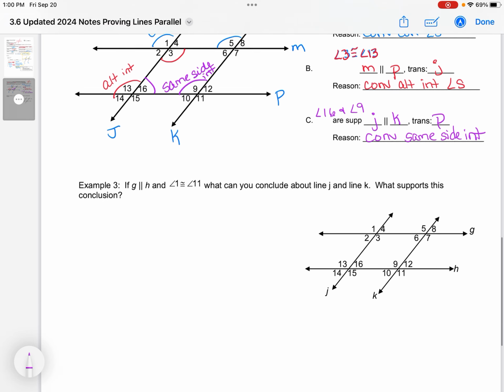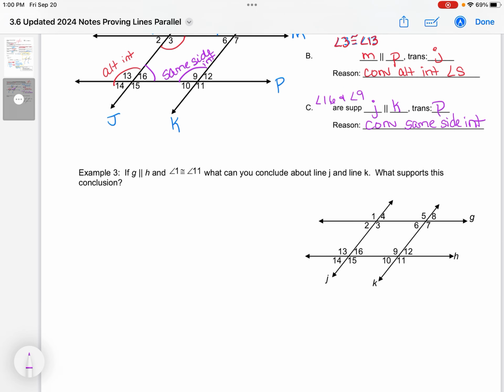Okay, so we're going to do the same thing, but with a little bit fewer places to write it and know what we're talking about. Okay, G and H are parallel. So again, if you have those big fat arrows on it, that means they're parallel. Okay, and angle 1 and angle 11 are congruent.